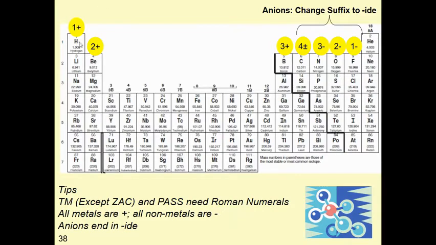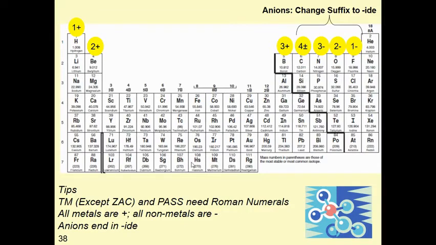When you do that, you realize that everything in this first column can get a +1. Everything in the second column, your alkaline earth metals, gets a +2. Over here, most of them get a +3. Here, you can be +/-4, -3, -2, and -1. Most of them, not all of them, most of them.